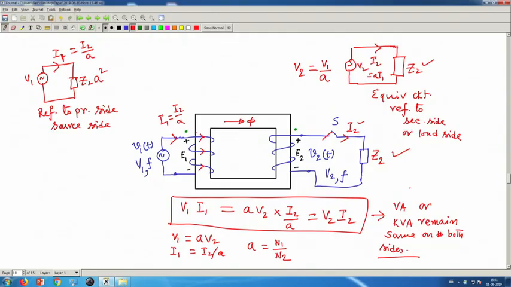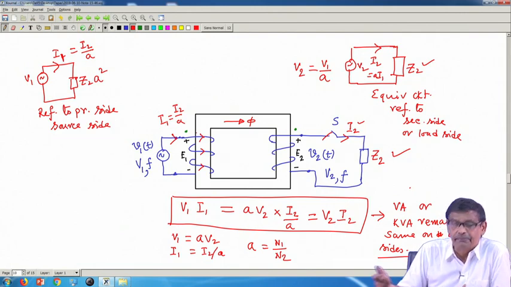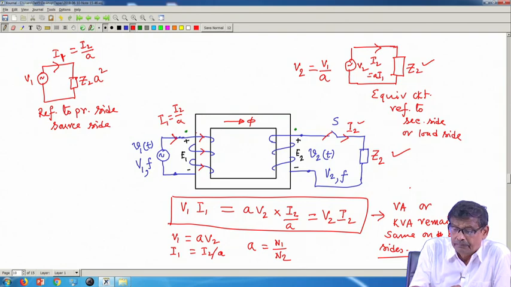A lot of simple problems to illustrate this idea can be solved now. I will do them in the next class, but try to understand the meaning of the equivalent circuit.